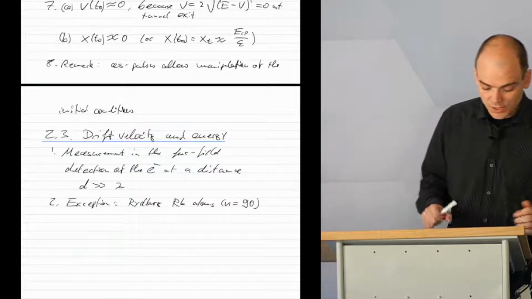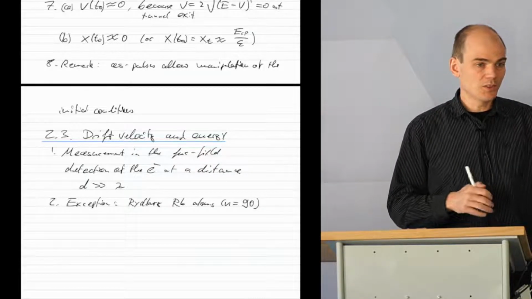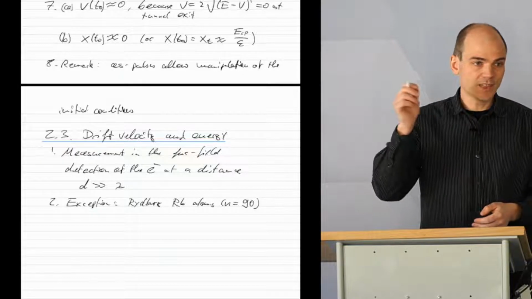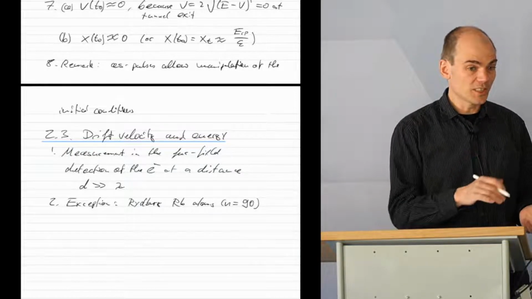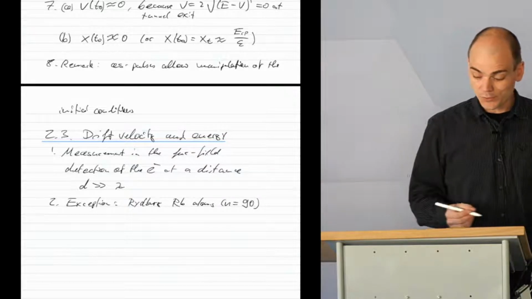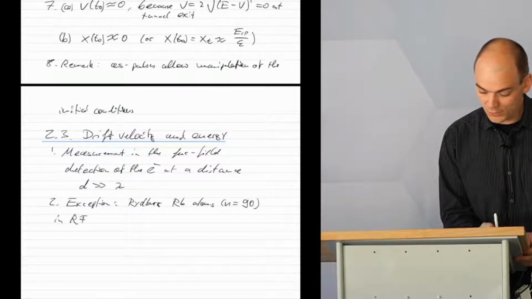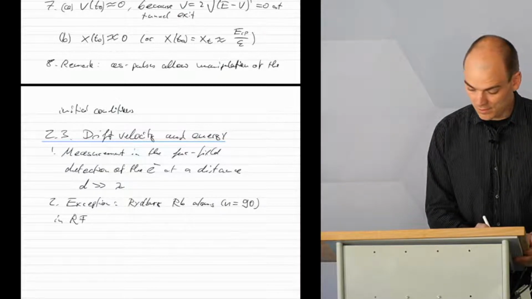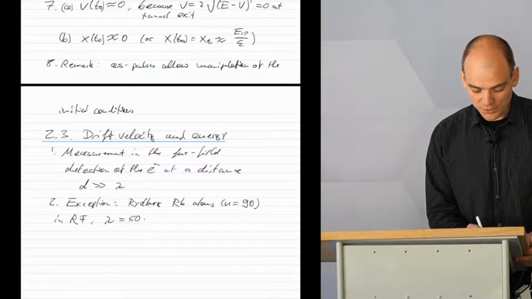So we have Rydberg rubidium atoms, and because the binding energy scales with 1 over n squared, the binding energies here are tiny, so they can be ionized even by a radio frequency source, in radio frequency fields with lambda equal to 50 meters.